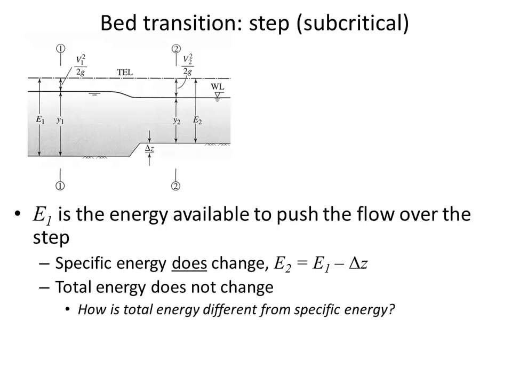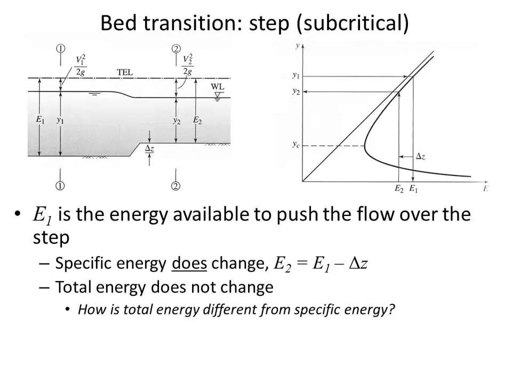And so what this illustrates is the difference between total energy and specific energy. Specific energy is relative to the channel bottom. And so there's less energy relative to the channel bottom at 2 because the channel bottom is higher than it was at 1. Okay, so let's just look at the specific energy diagram because it's really what we can use to make sense of things.